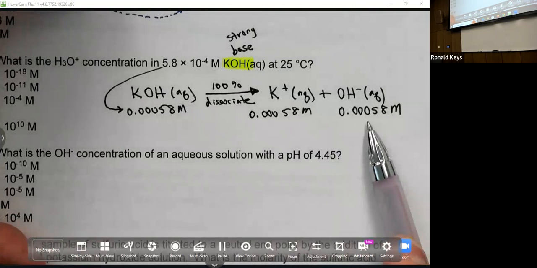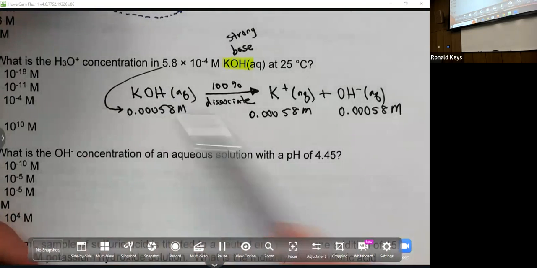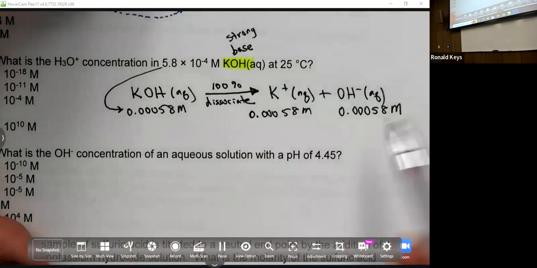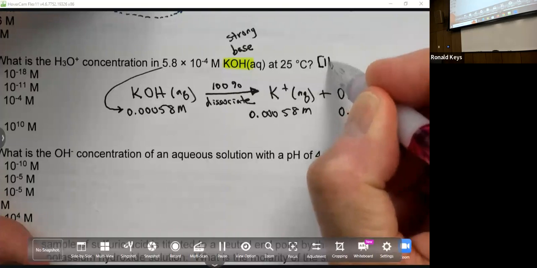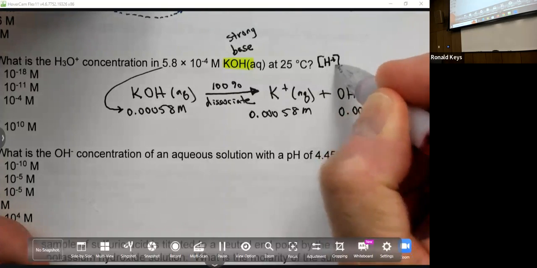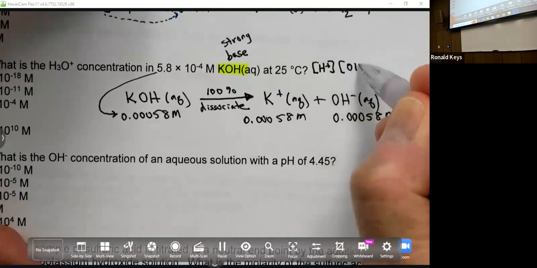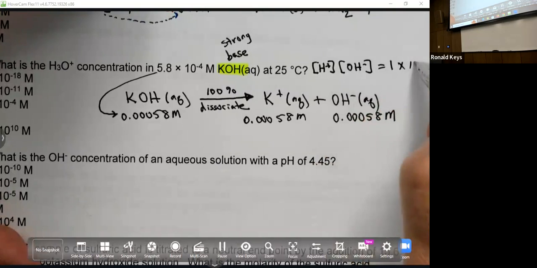Now there's two ways to solve this. We're looking for H3O plus. So we can lay it out both ways here. The quick way is this. We know that the H plus times the OH minus is always 1 times 10 to the minus 14.